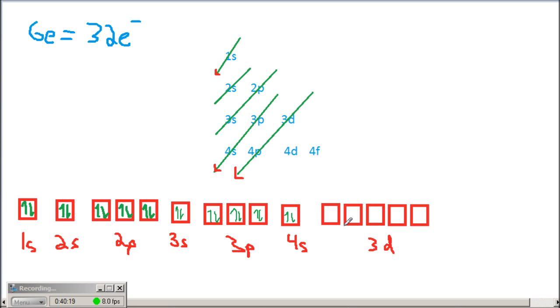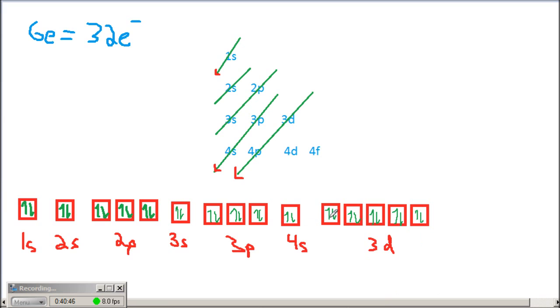They would only pair up if they're forced to, if the next highest energy level is so high that it's higher than the energy required to pair them up. So spin up, spin up, spin up, spin up, spin up, spin down, spin down, spin down, spin down, spin down.